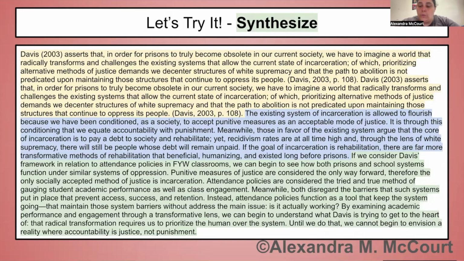But just know that with synthesis, you are doing more than just telling me what the source is saying. You are doing more than analyzing how the source works, but you're also connecting your ideas together, which will be useful in your synthesis matrix. Shameless plug.